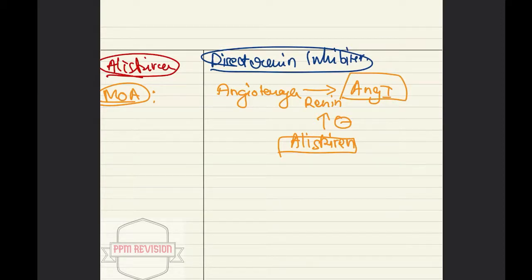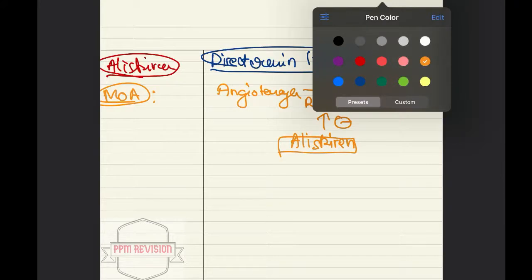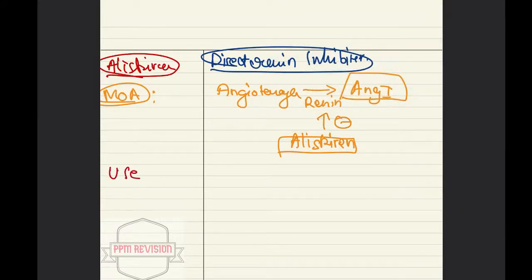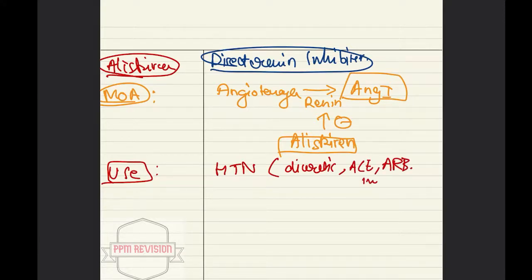And quickly looking at the use, where is it used? It is used in hypertension in combination with the diuretics and also the ACE inhibitors or the ARBs. And a point to note is it is given orally.